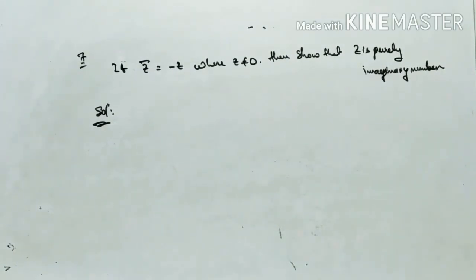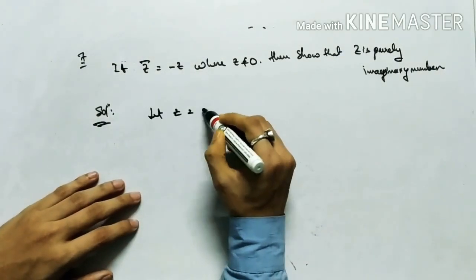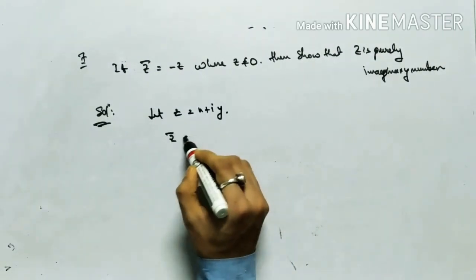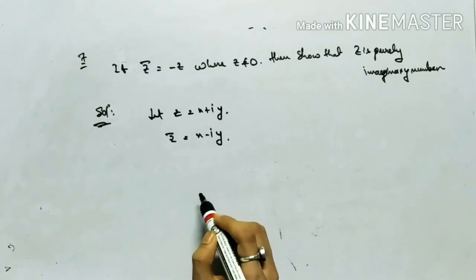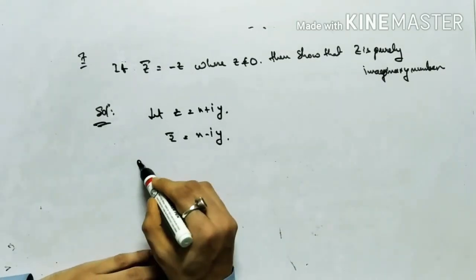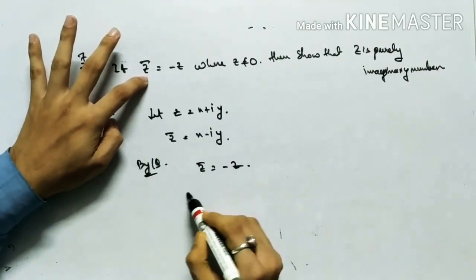So now what I will do is, let z be equal to x plus iy. Therefore z bar will become x minus iy. By the question it is given that z bar is equal to minus z.